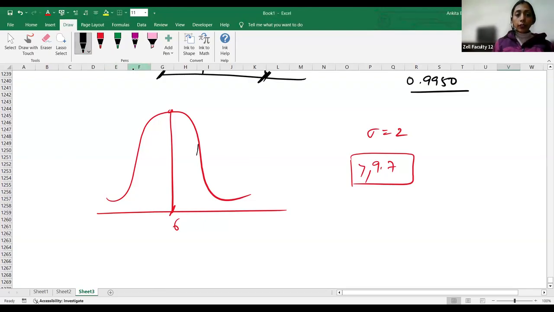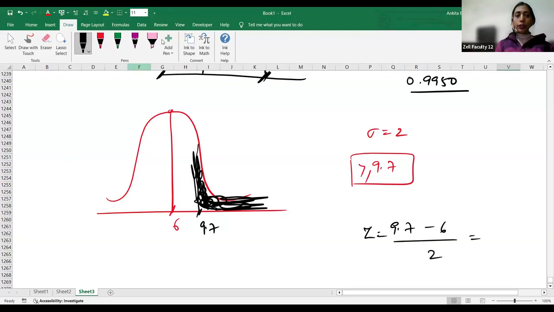So what would I do here? This I will put as 9.7. Now I want this probability. First I'll find Z, which will be 9.7 minus 6 divided by 2. How much are you getting?